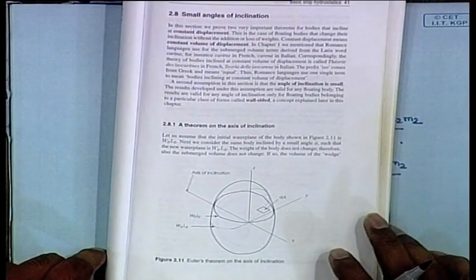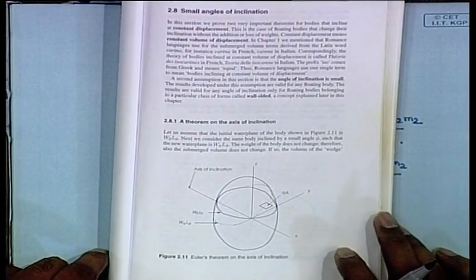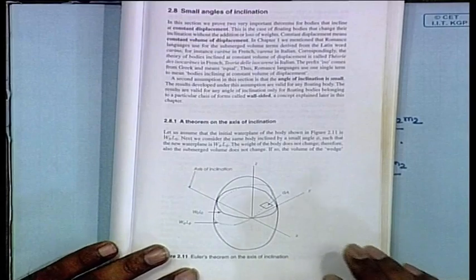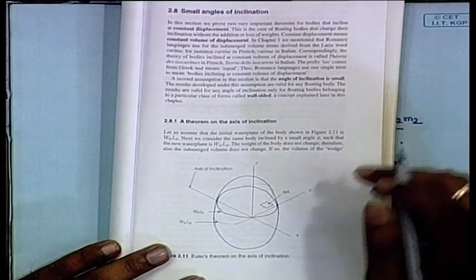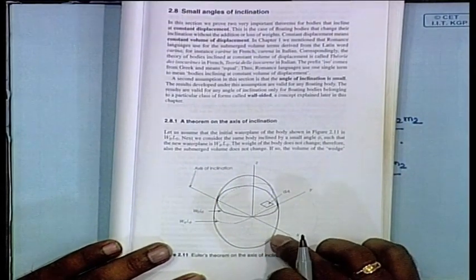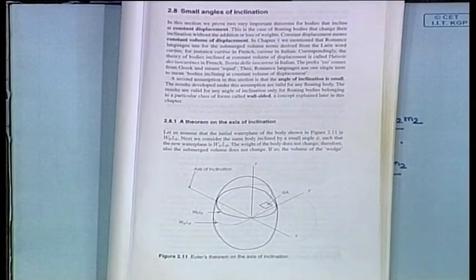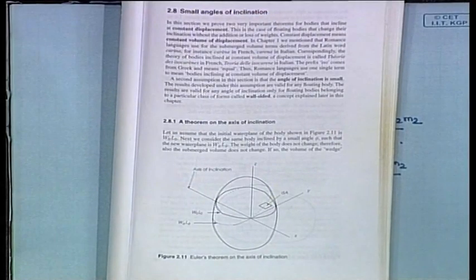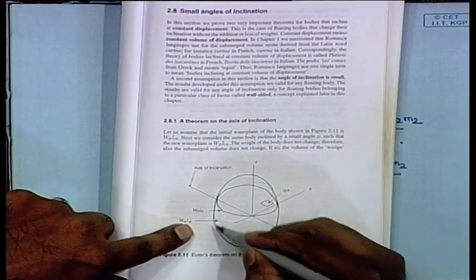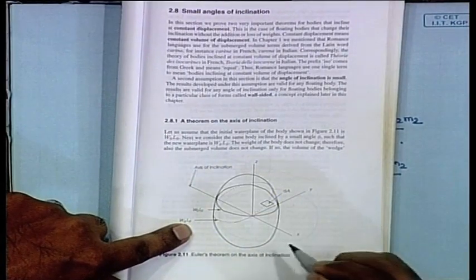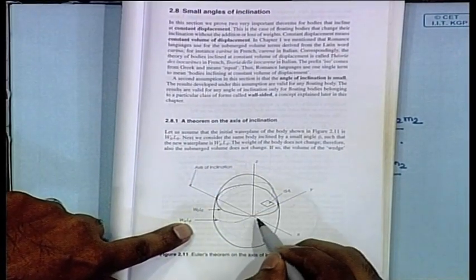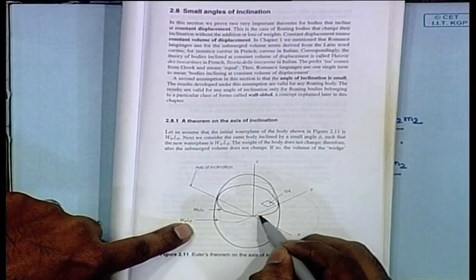Now, let us take a look at this figure, because it is easier to show this than draw it. Again, this is almost the same thing we did in Archimedes principle. We now have a body like this, and let us say the water plane and water line is given by this.